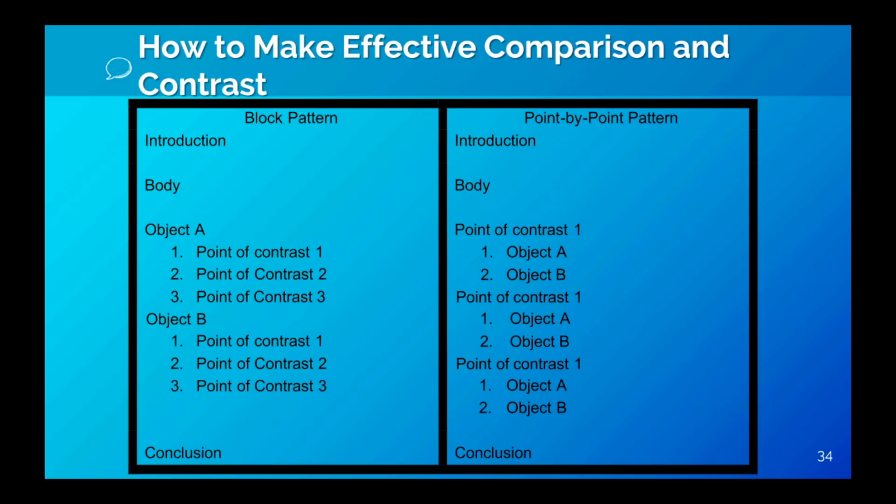Or another is their personal information. How are they similar and different in terms of age, in terms of height, in terms of health, and others. So point by point. Unlike in the block pattern, you discuss all the similarities in one paragraph and all the differences in another paragraph. Okay?